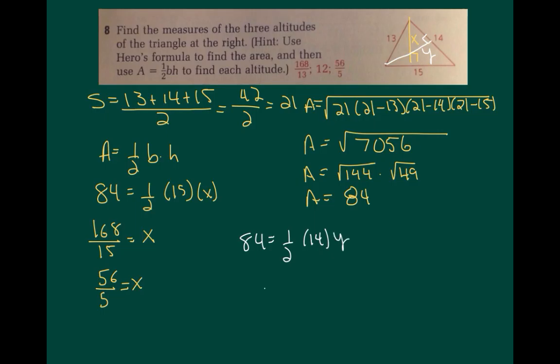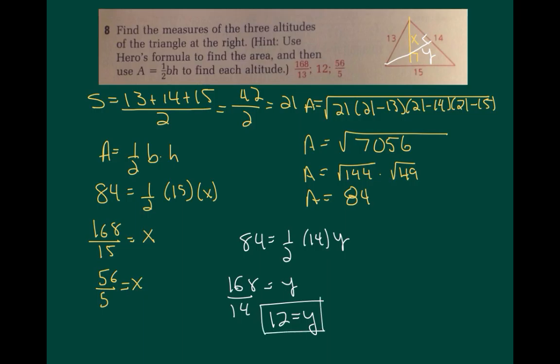If I do the same calculation again, I'll get 168 over 14, and that's equal to y. 14 goes into 168, so I know that 12 equals y is my final answer there.